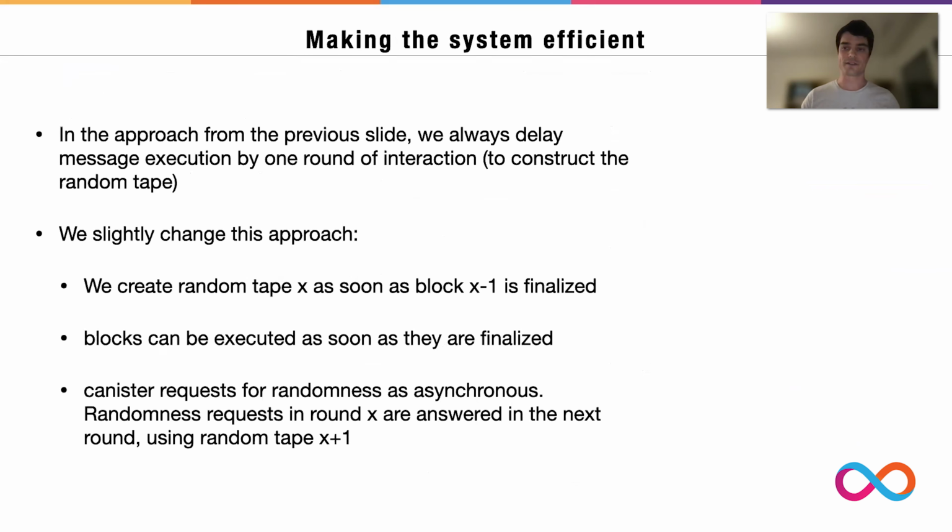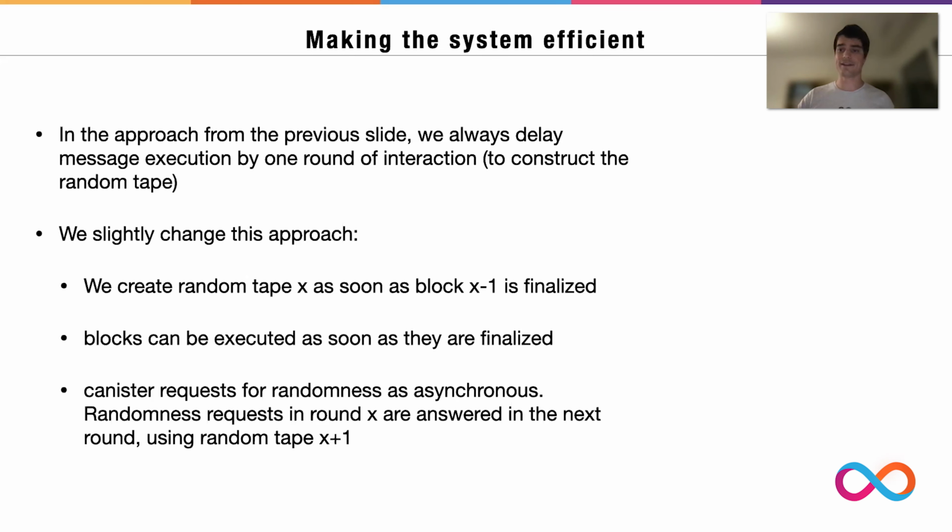It just has one downside, and that is that we add latency to the system. It's not a very efficient approach because every block now first needs to be finalized, and then we do another round of interaction with the replicas to construct this random tape artifact, and then we can execute the messages. And of course, we want the latency to be very low.